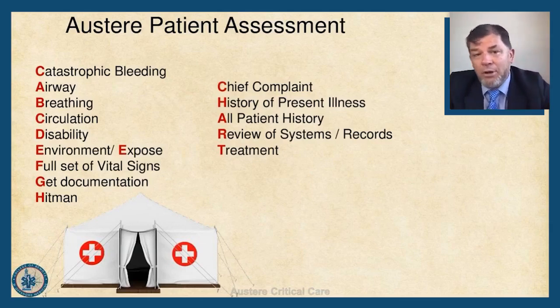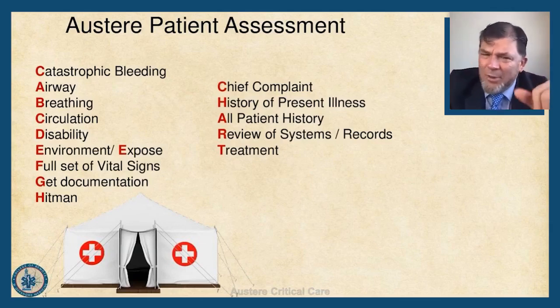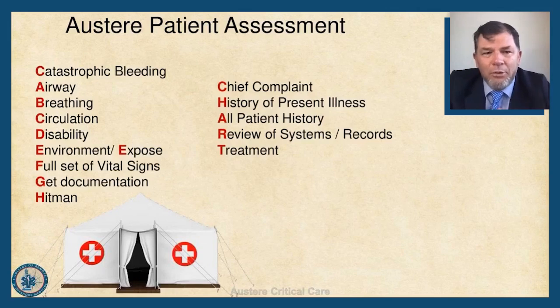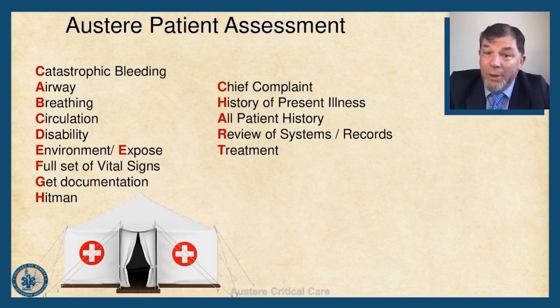Catastrophic hemorrhage, airway problem, no, okay, breathing problem, no, they seem to be all right. C, circulation, okay, a little bit of red flags there. D, disability, we're looking for any type of broken bones or neural, no, okay, that's fine. Go down to environment, are we too hot, too cold? No, we're fine. And finally go through our whole CABC assessment quickly to make sure we didn't miss anything.